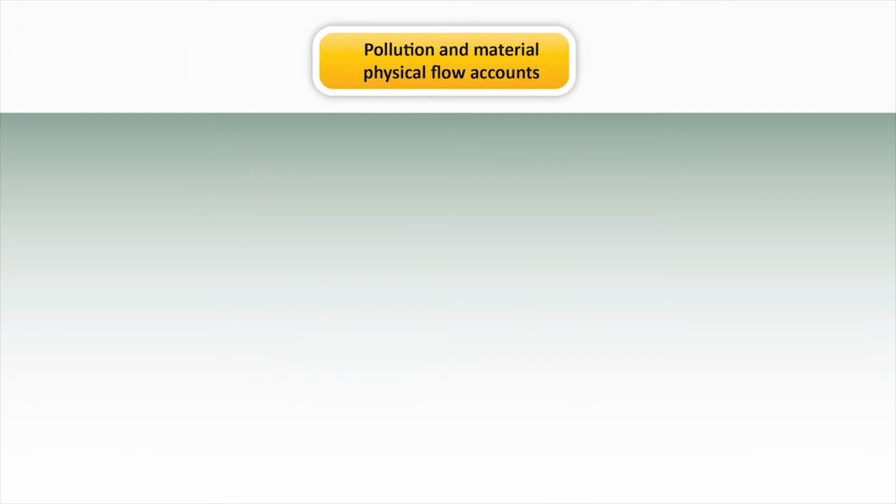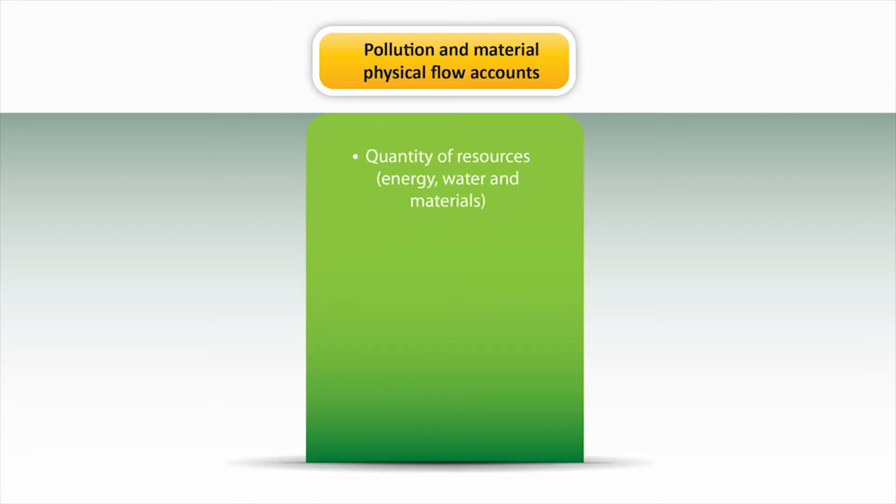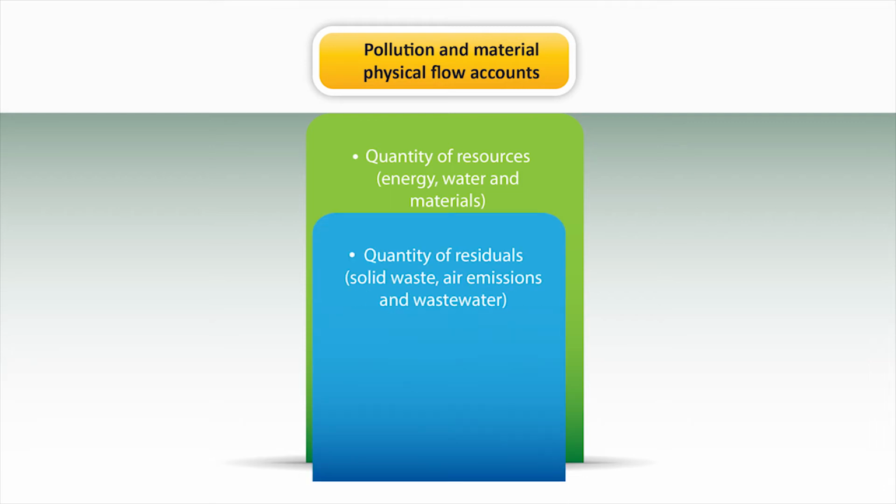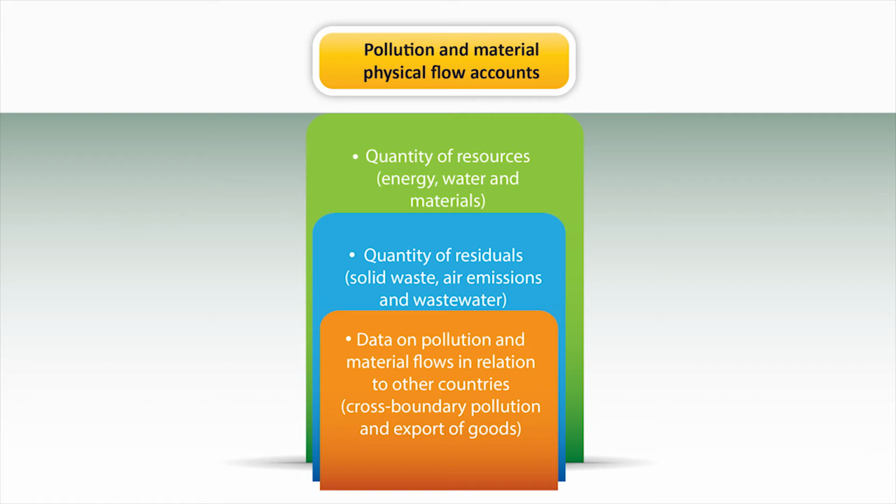Secondly, the pollution and material physical flow accounts provide information at the industry level about the quantity of resources such as energy, water, and materials that are used in economic activities, and quantity of residuals such as solid waste, air emissions, and wastewater generated by these activities.